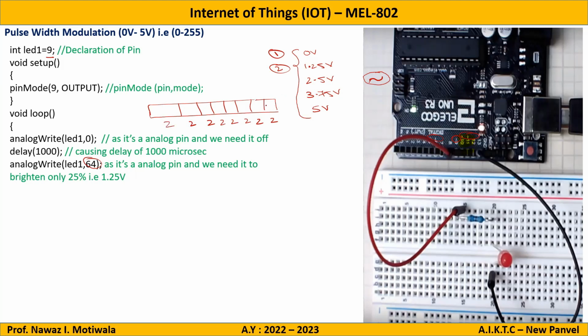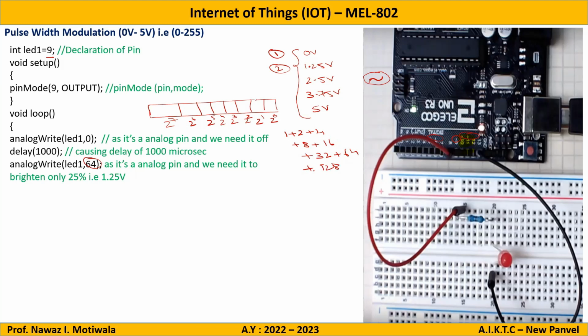Now this is the first bit, so I will write 2 raised to 0. The next bit is 2 raised to 1, then 2, 3, 4, 5, 6 and 7. Now if you add this, 2 raised to 0 is 1, plus 2 raised to 1 is 2, plus 2 square is 4, 2 cube is 8, 2 raised to 4 is 16, 2 raised to 5 is 32, 2 raised to 6 is 64 and 2 raised to 7 is 128.